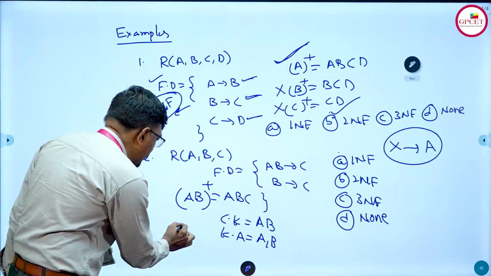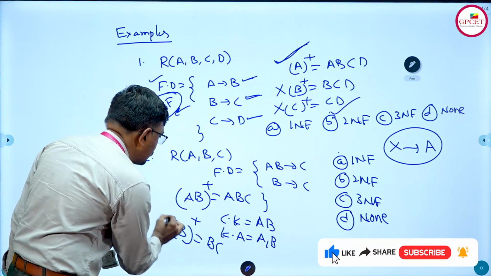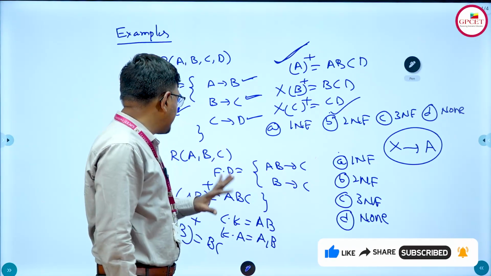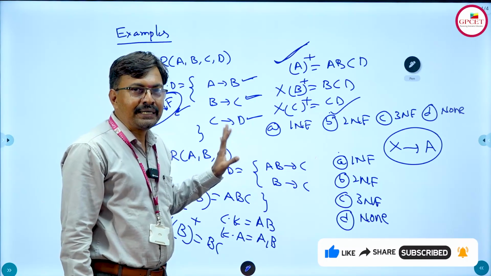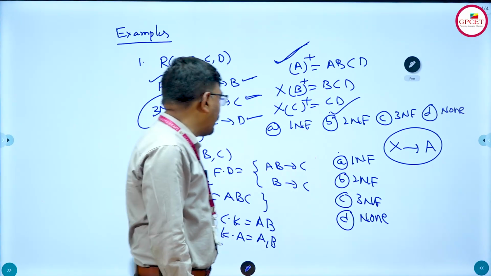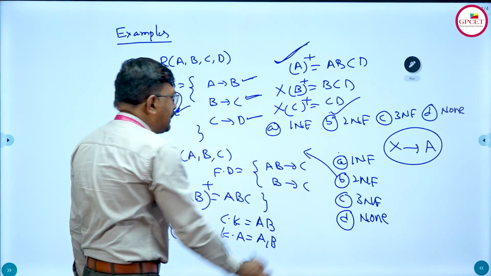Next one, B closure: B, C. B is not a key. Observe here, is it 1NF? 1NF is satisfied, because AB is the key of the given table. Whereas for second normal form, what is the drawback? Partial dependency.